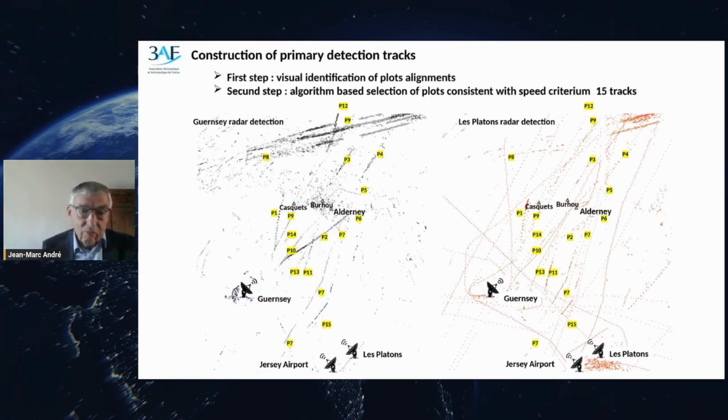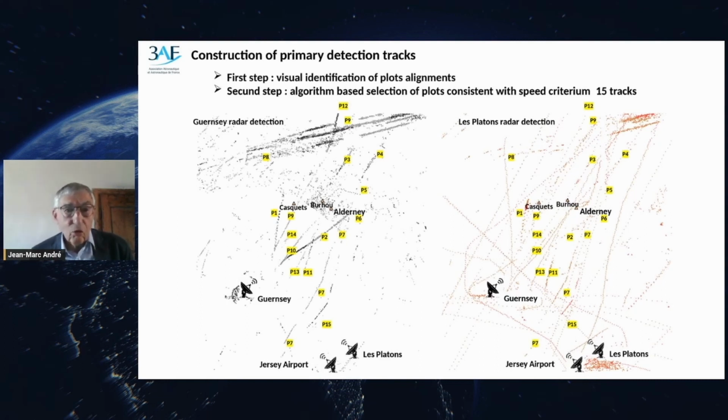We still have the same maps, and we are trying to construct the tracks for the primary detections. It's not as easy as for the secondary detection, because we don't know how to associate the different lines of the recorded data. When we look at the maps, we think it's reasonable to assume that plot alignments that we can see constitute tracks, provided that the speed of the plots is consistent.